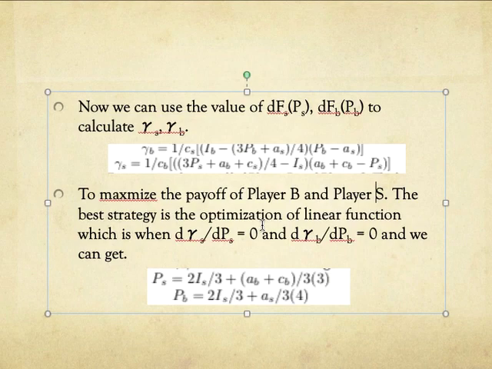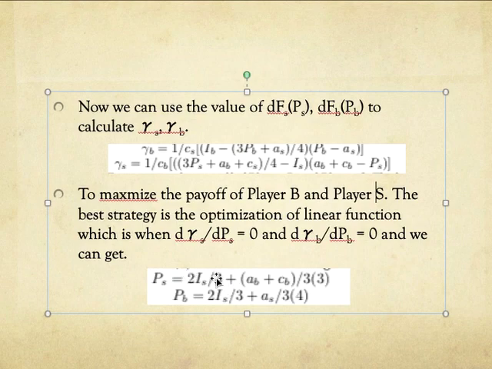To maximize the payoff of player B and player S, the best strategy is to optimize the linear function, which is to let the partial derivative of gamma S with respect to PS equal to 0 and of gamma B with respect to PB equal to 0.